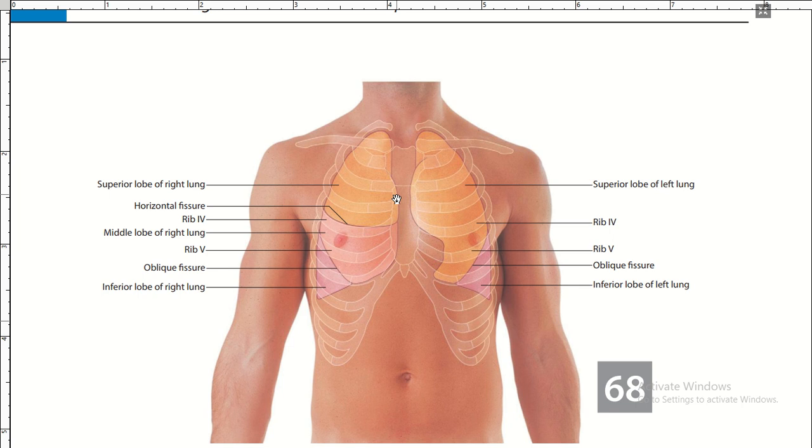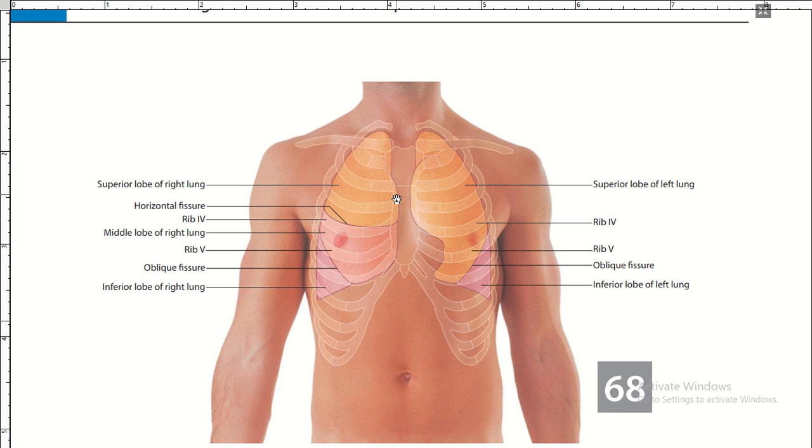These are the muscles for forced deep inspiration. Take note of this. Quiet inspiration is passive, while forced deep inspiration is active. Done.